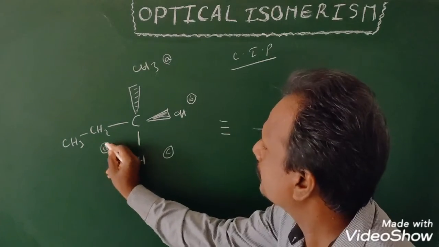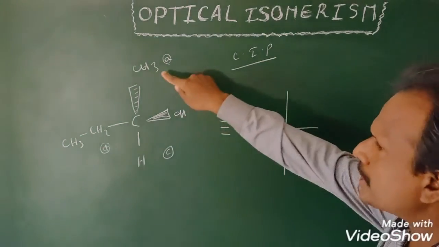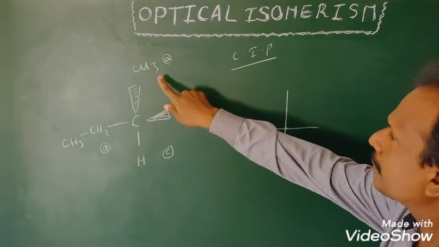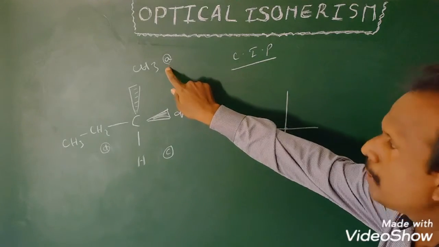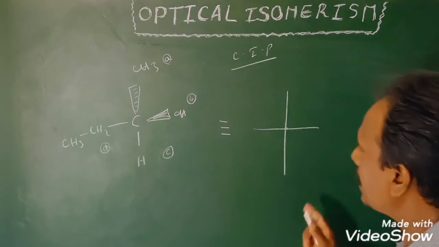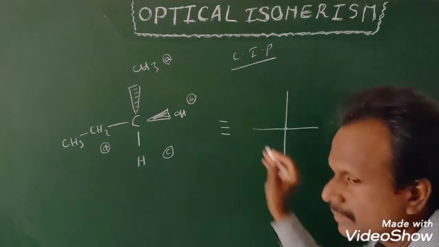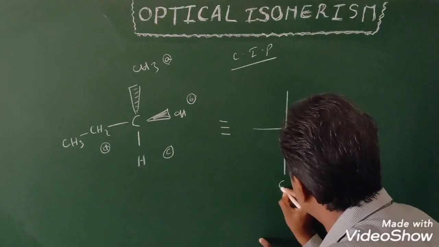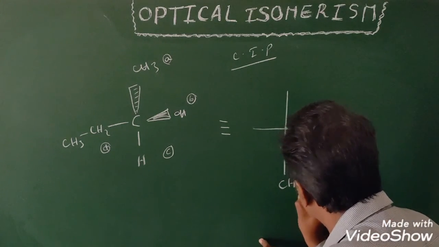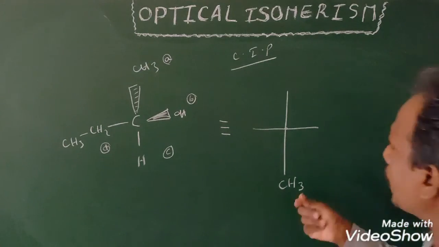Then the group which is below the plane is placed at the bottom in Fischer projection. Here methyl is placed at the bottom. The remaining groups are arranged in clockwise direction.